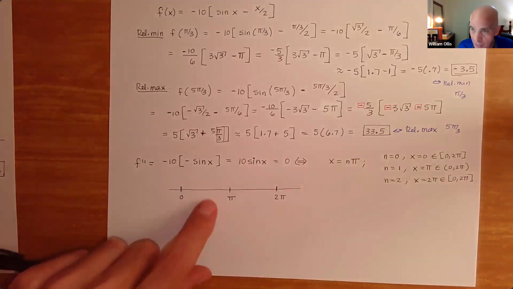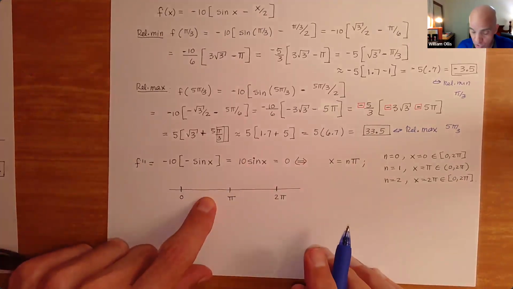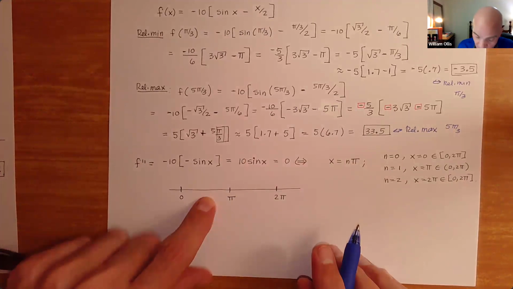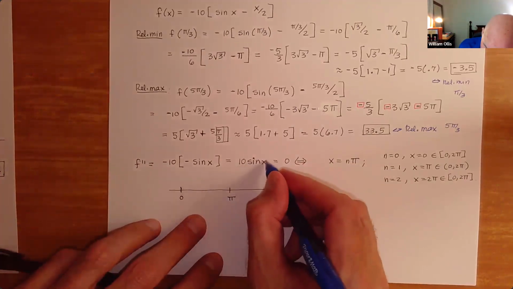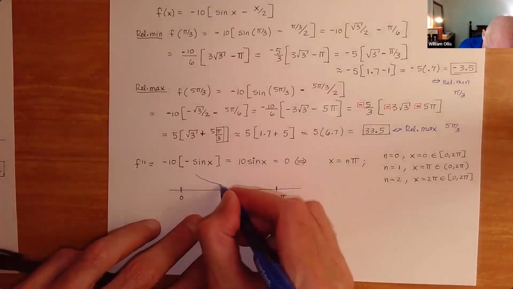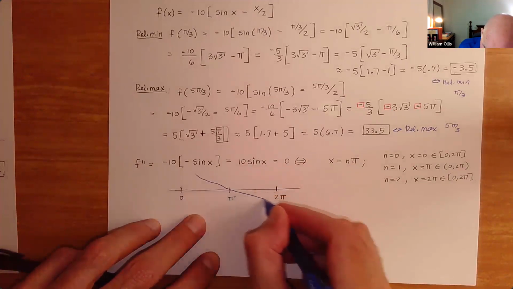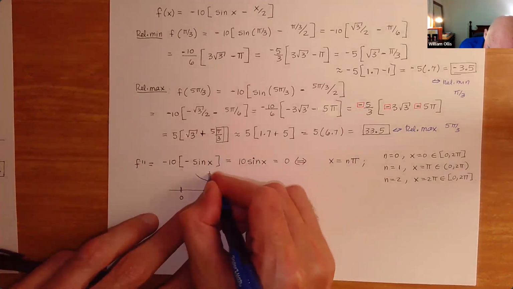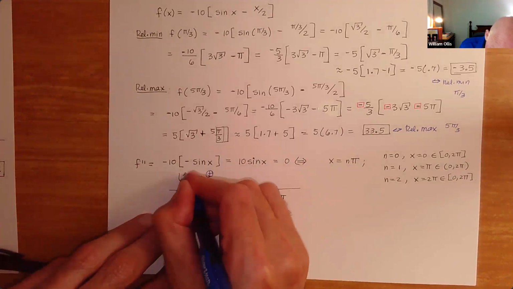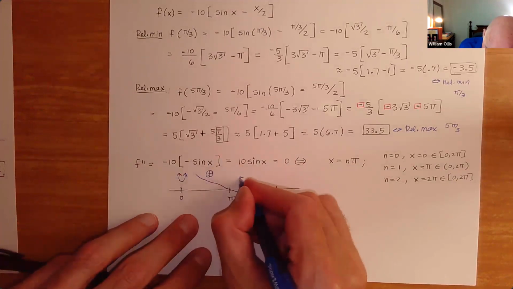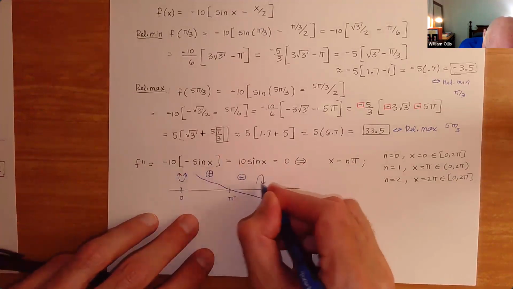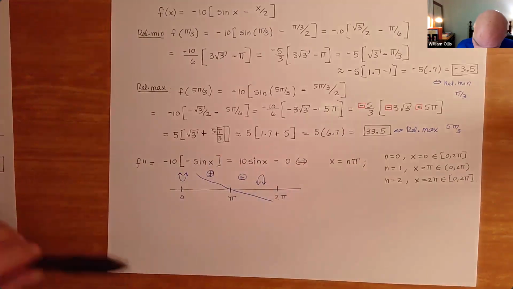Now, of course, in the upper arc of the unit circle, the sine function is positive. And we have multiplicity 1 of the sine factor. So here we have plus, which is concave upward, and we have minus, which is concave downward. So that was easy.